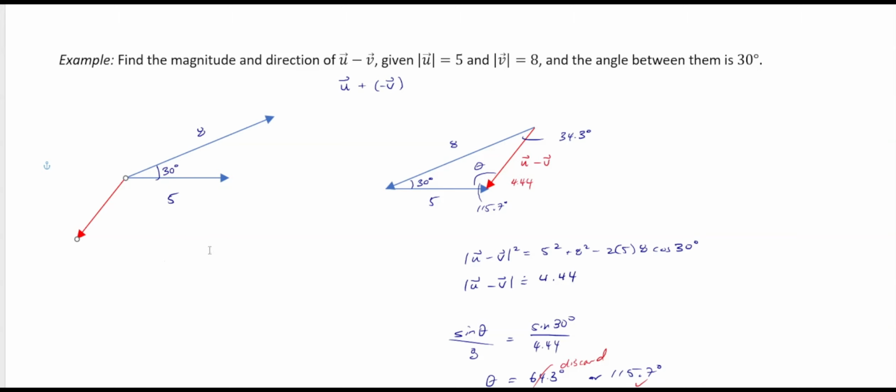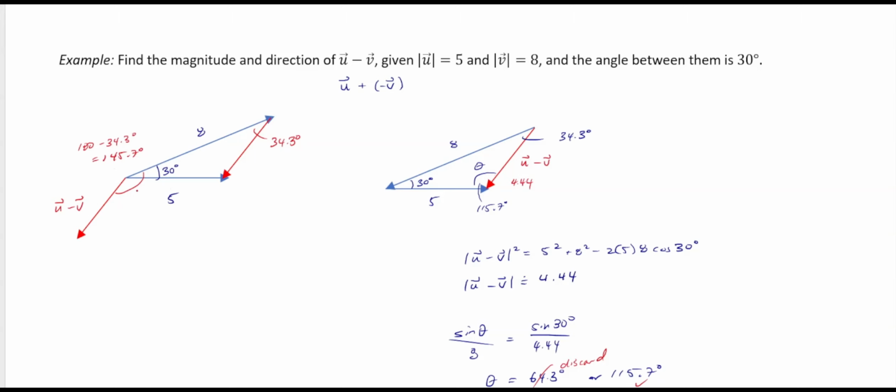So knowing that this vector, when I had it in this location, was 34.3, that means that this entire angle is going to be 180 minus 34.3, which is 145.7. Okay, so the angle that u minus v makes with vector v is 145.7.